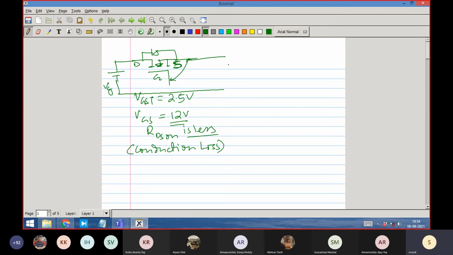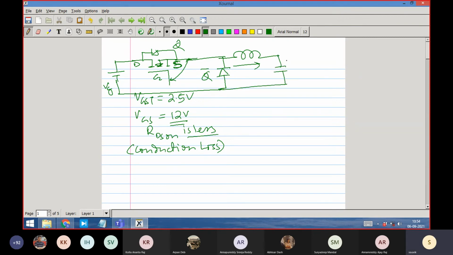Then another switch has to be put. In this case, we can afford to put a passive switch like a diode, because I said Q and Q bar. The moment you turn off the switch, the inductor current will force the diode to conduct. Inductor current always has to have a path.